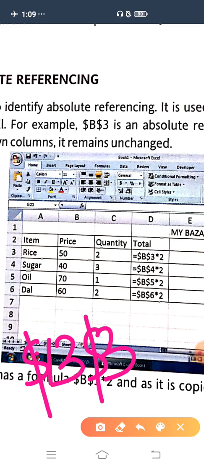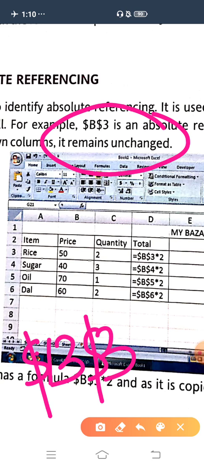If you are using the dollar sign with both of these, it is an example of absolute referencing. And in absolute referencing, the values or the formula will remain unchanged. It will never change. Whatever formula we wrote the first time will show in all of them. The formula will not change. It will remain the same, unchanged.